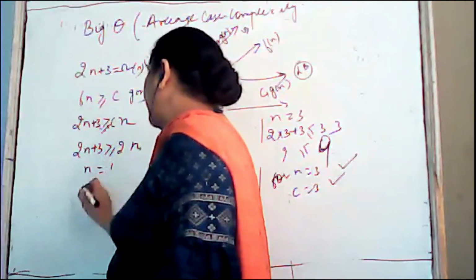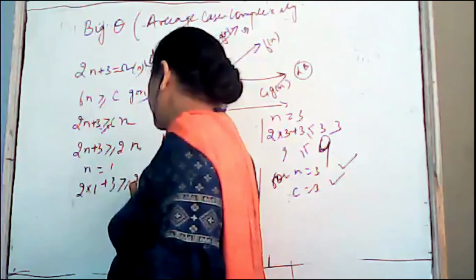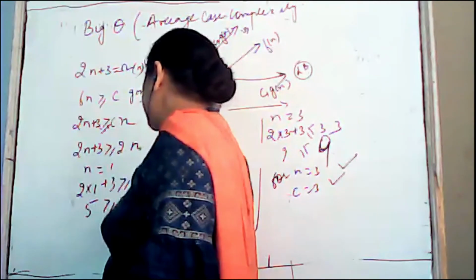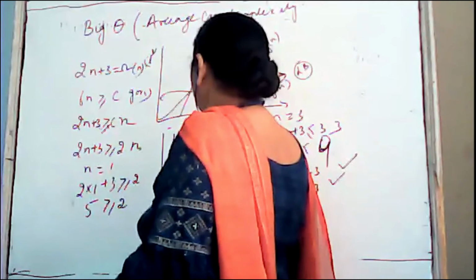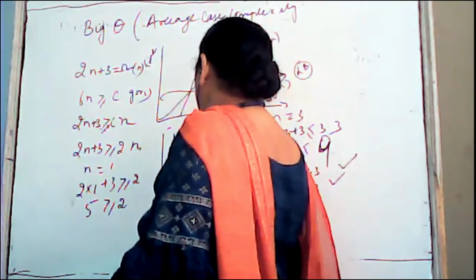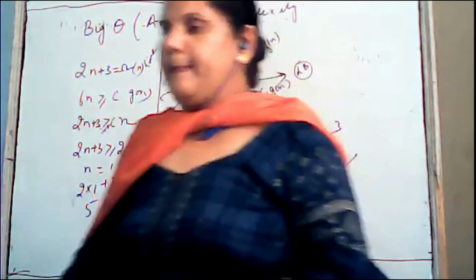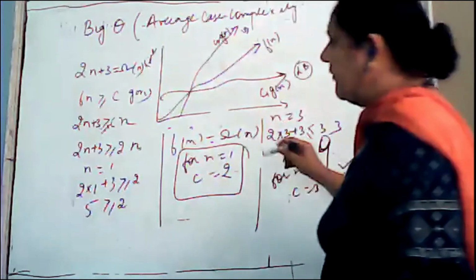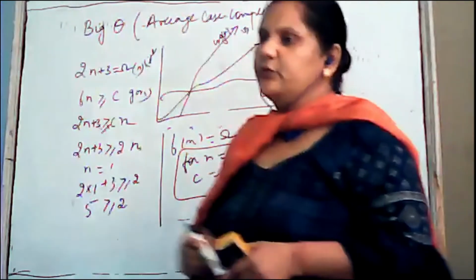For n is equal to 1, 2 into 1 plus 3 is greater than 2. That means 5 is greater than 2. That means f(n) is big omega of n for n is equal to 1 and C is equal to 2. I again repeat, f(n) is big omega of n for n is equal to 1 and C is equal to 2.